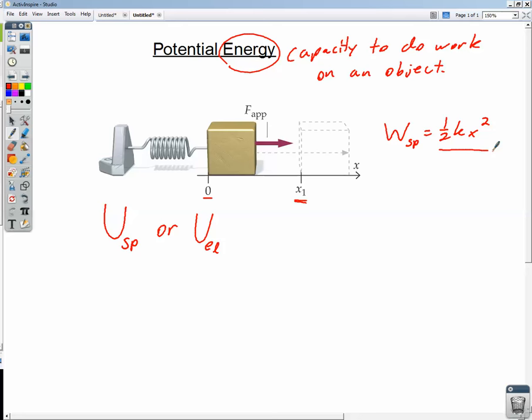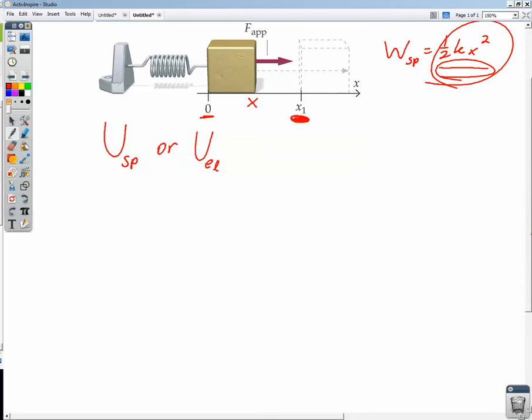X, again, is the compressed length from the rest position to this position. If a compressed spring with this compression x has the capacity to do this amount of work, then when it is compressed, it has this amount of stored energy, 1/2 kx squared. So it's no mystery that the spring potential energy is given by the equation 1/2 kx squared.